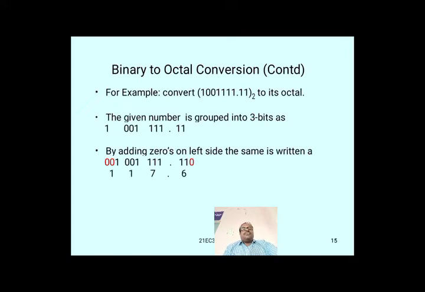Okay. Now we want to write the corresponding octal values for the binary values. 001 is 1, 001 is 1. We know that 111 is 7 and 110 is 6.